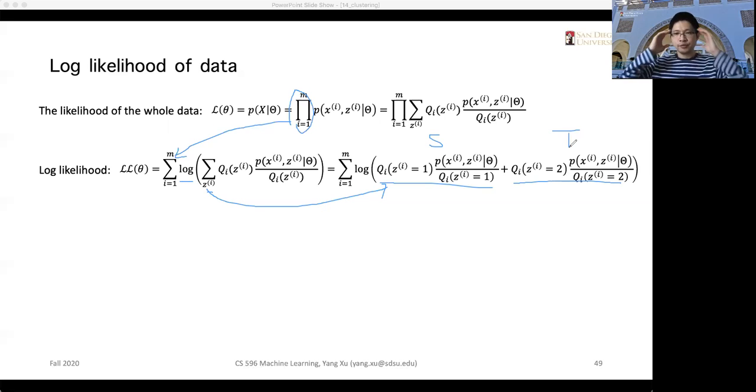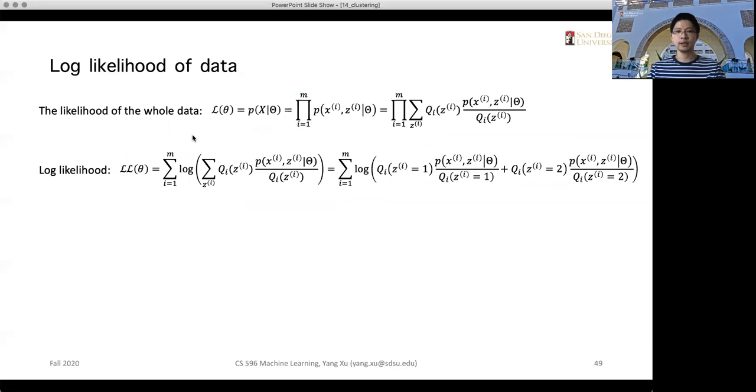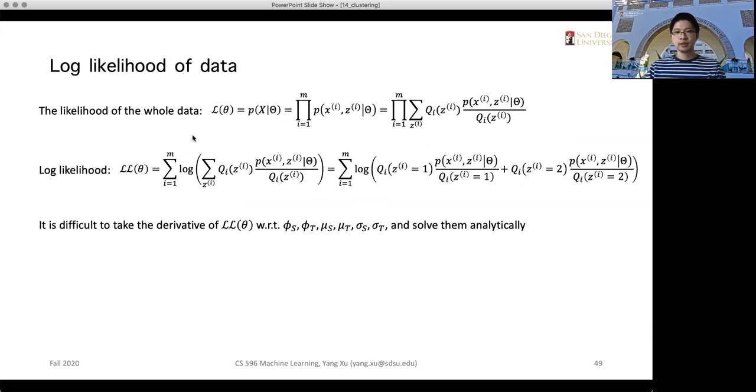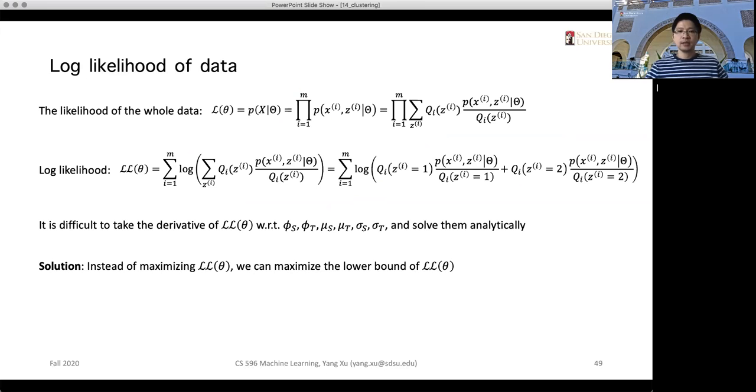Remember that the log likelihood is something we want to maximize. It's the likelihood of the whole data set, so we need to maximize this log likelihood. That means we need to take the derivatives of this log likelihood. But it is difficult to take the derivatives, because it's the logarithm of the summation of our parameters.